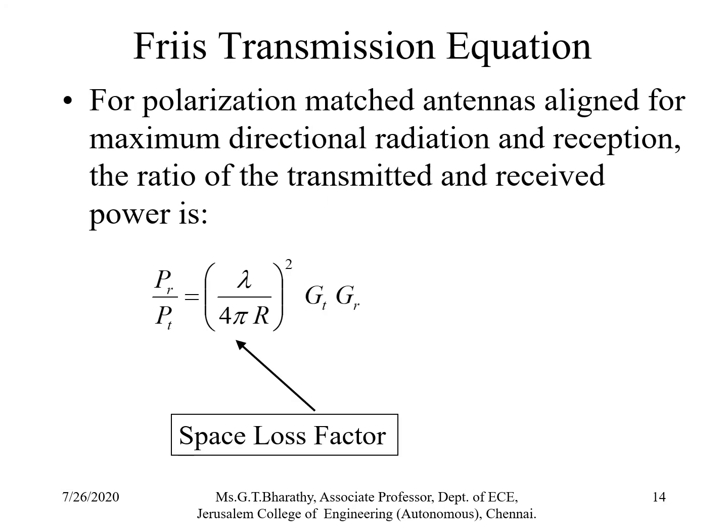This is another representation of the same Friis transmission equation, giving the ratio of the received power and the transmitted power: PR by PT is equal to lambda by 4 pi R the whole square times GT GR. This is the same formula rewritten to find the ratio of the powers, where the constant lambda by 4 pi R the whole square is named the space loss factor.